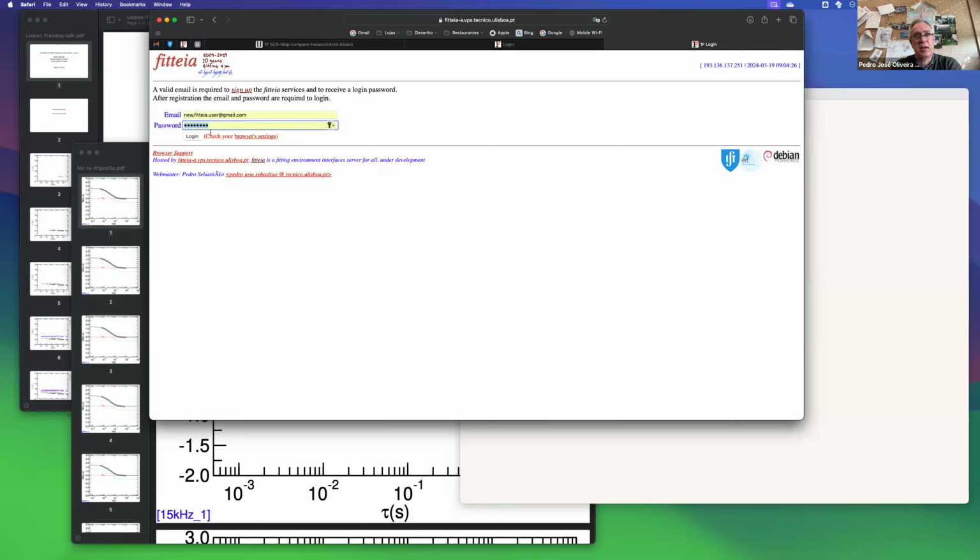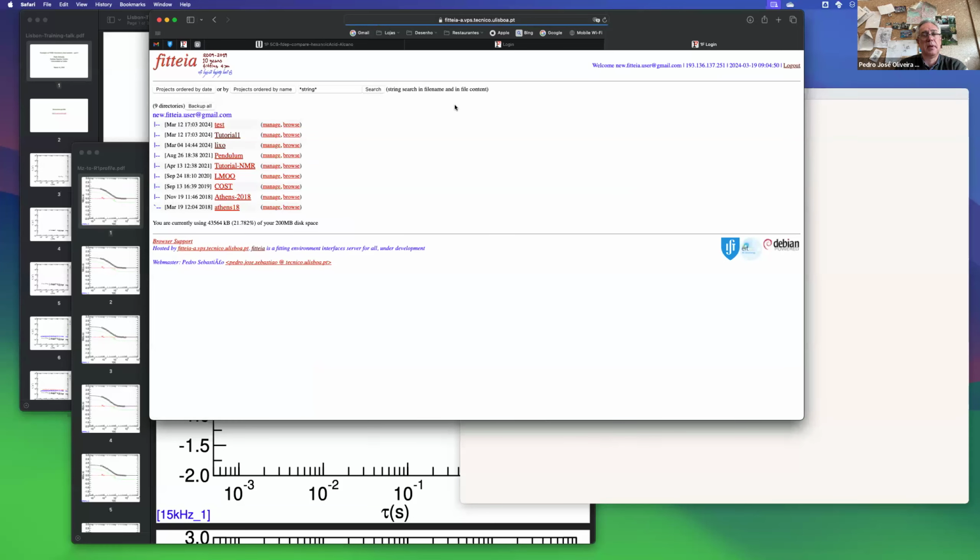I also created a user with a different email, and I logged in as this new Fitea user. For those of you trying to register and log in, if you compare what you see once you are logged in with what I'm showing on the screen, you will see some differences.